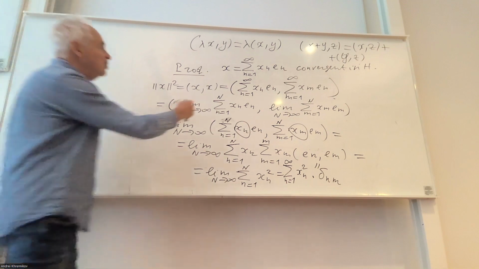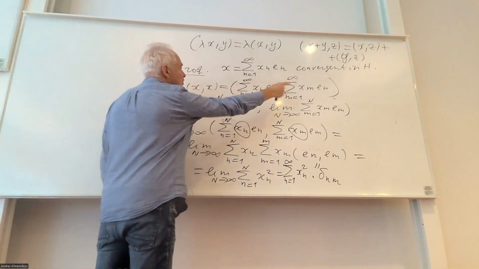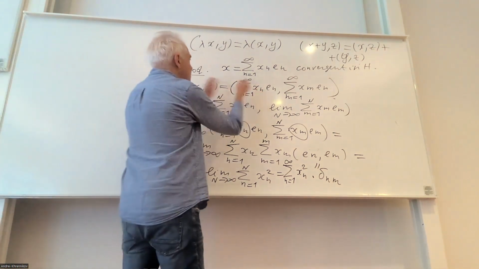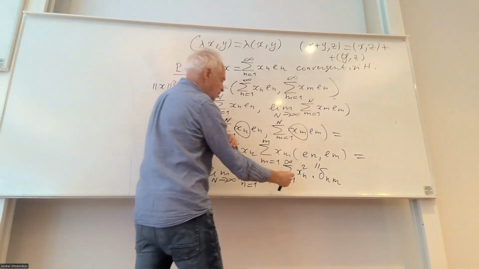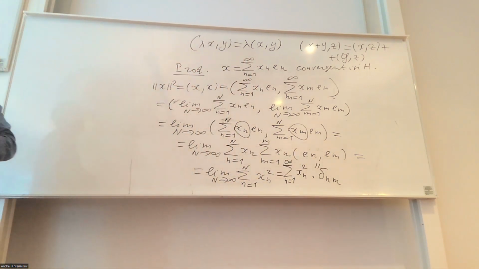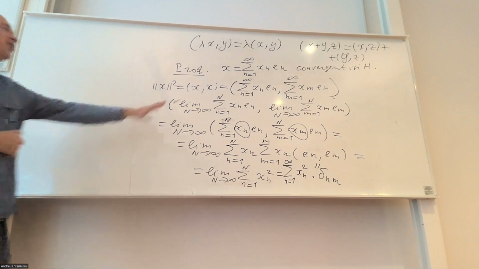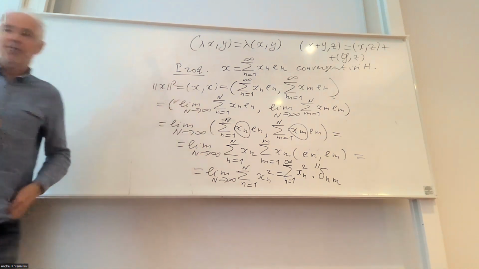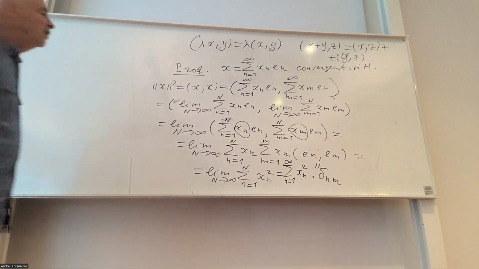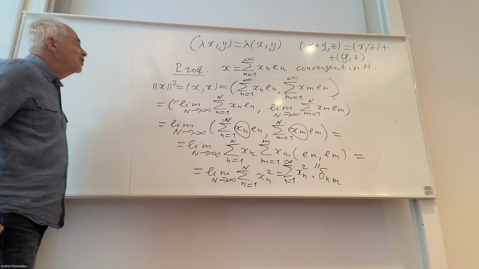In principle, we can change the scalar product and series already here. In this line, we can take this series out, and we will get again this scalar product En by Em, and they will cancel each other. We wrote the sums, we used that the scalar product is continuous. It is a very detailed proof, but in fact, the statement is very simple. So the square of the norm is equal to the sum of squares of Fourier coefficients.